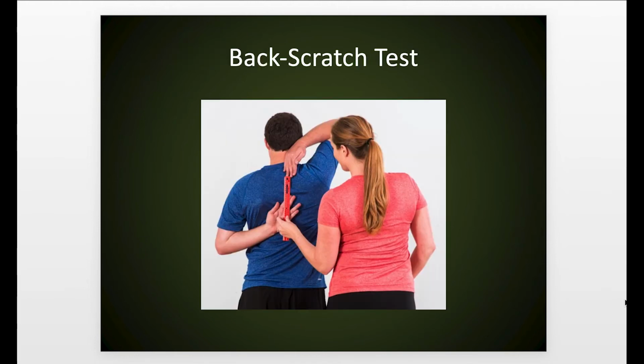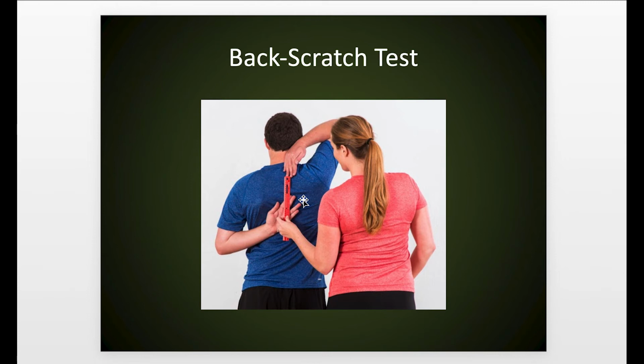The back scratch test. This one's always kind of a fun one because you'll have a wide range of individuals within a class. Some of them can basically shake their own hand behind their back with both hands, either the right hand coming from above the shoulder or from below. But then you have other individuals in the class that may be 3, 4, 5 inches away.